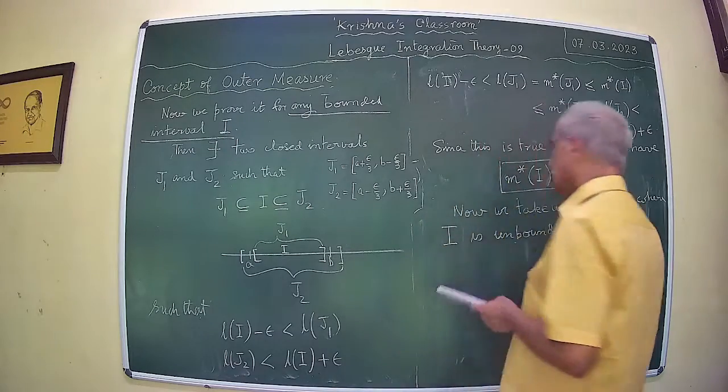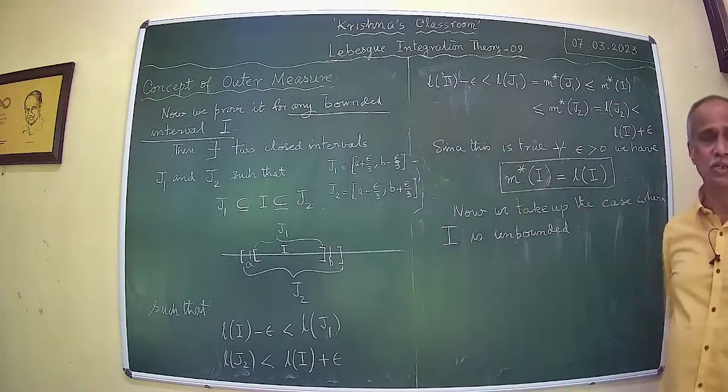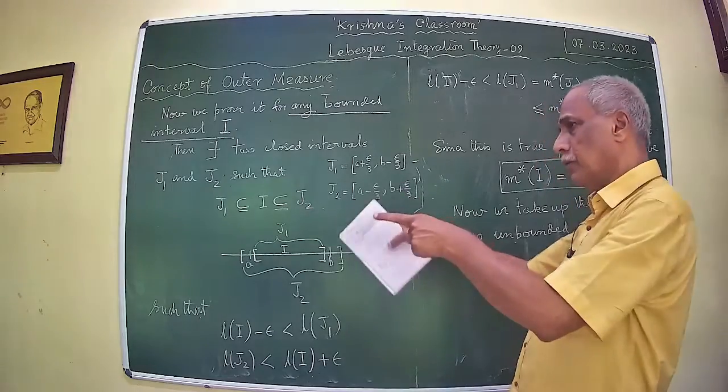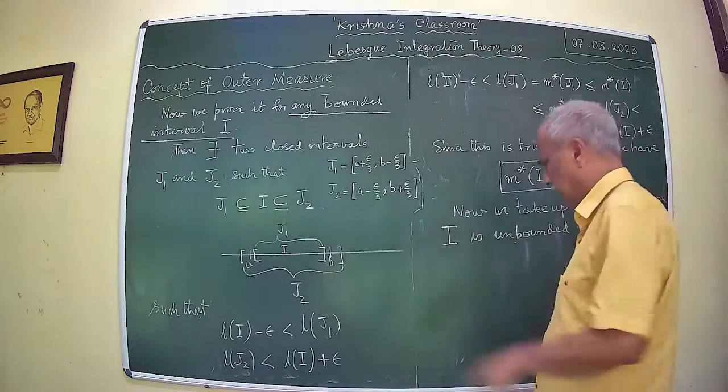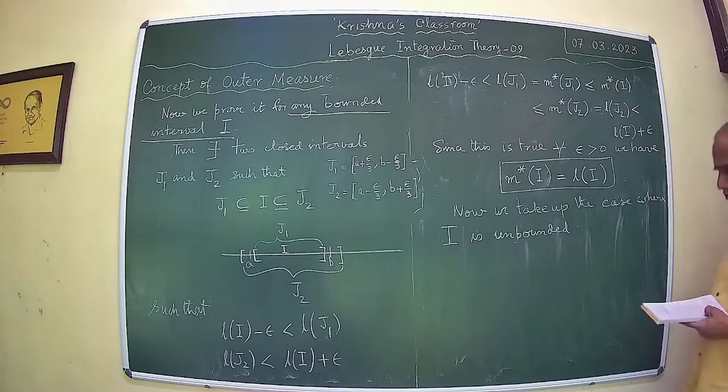That means it is an interval of the type minus infinity to plus infinity, or a to plus infinity, or minus infinity to b, something like that.